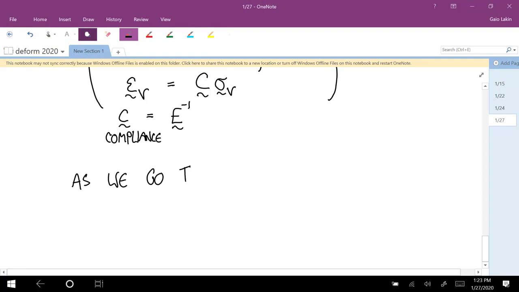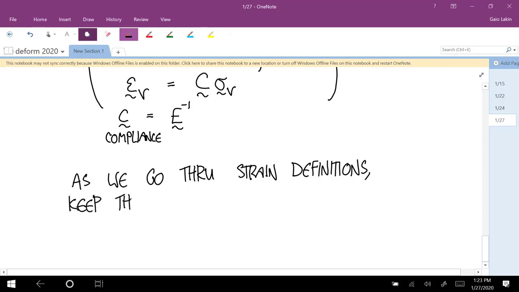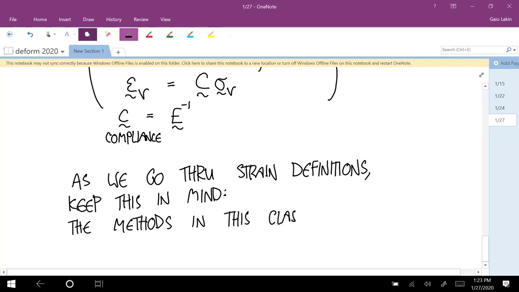As we go through the definitions of strain, keep this in mind. The methods in this class require really small deformations.